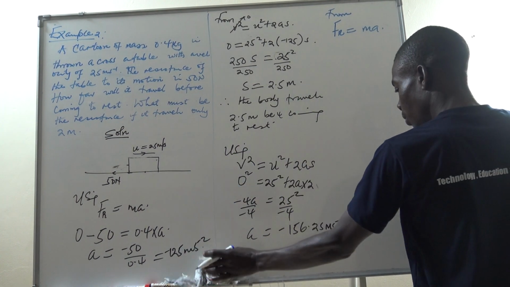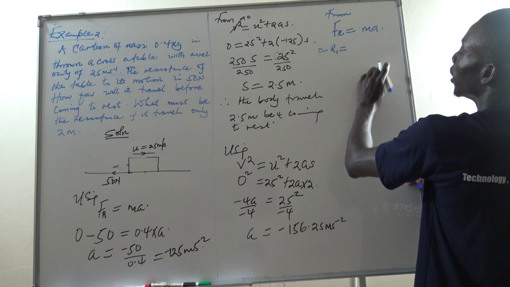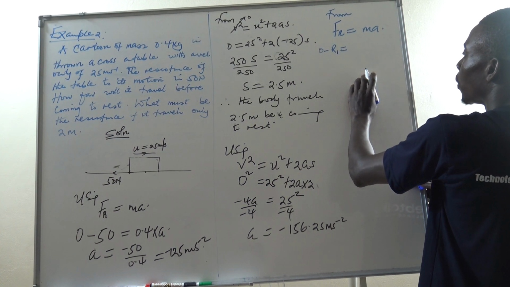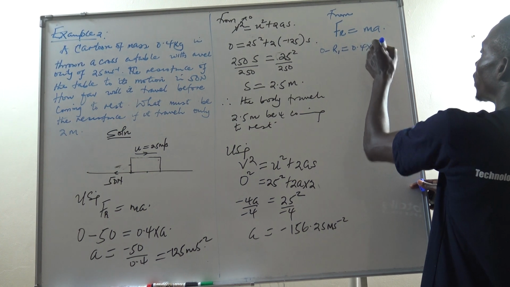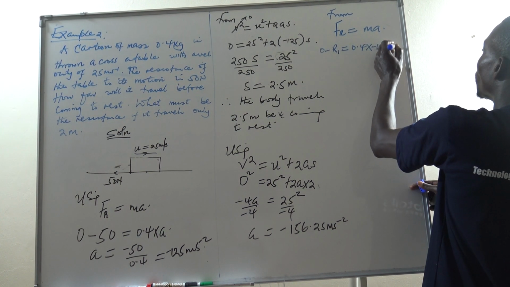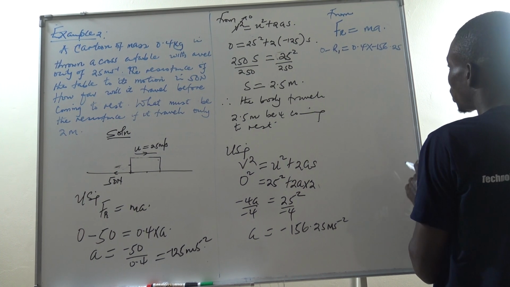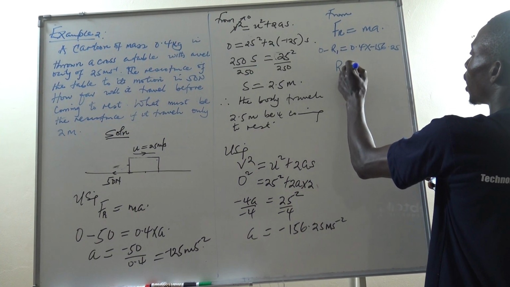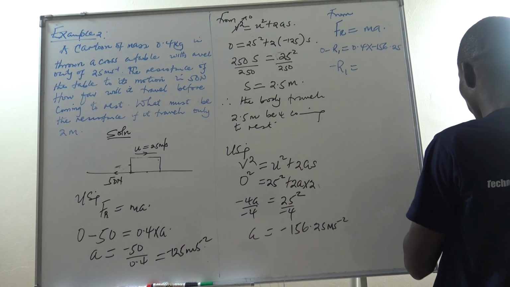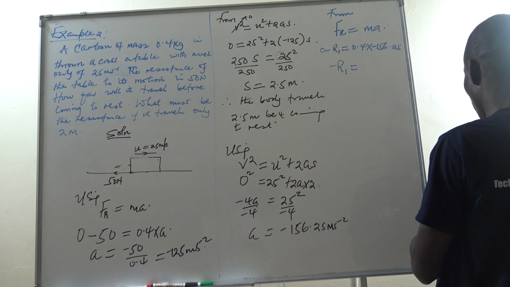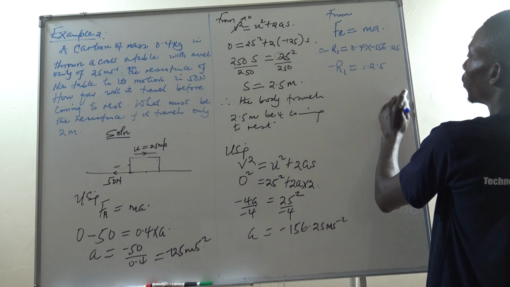Let me get some bigger space here, then say 0 minus R1 equal to ma, which is 0.4 times negative 156.25. And then that means negative and negative cancel. And then my R1 will be this times that, times 0.4. That is 62.5.